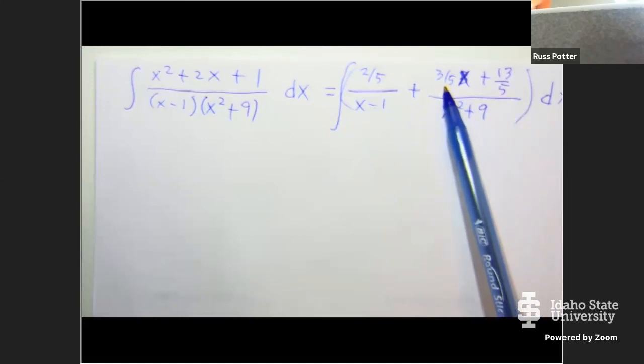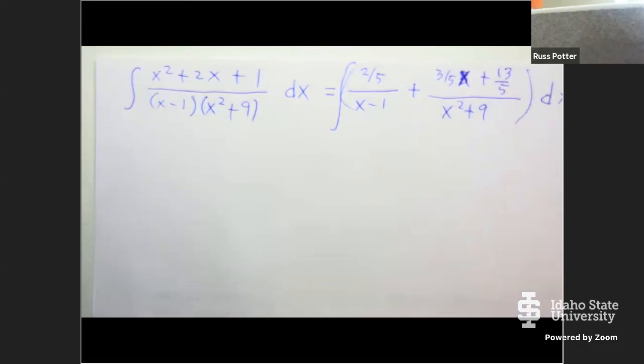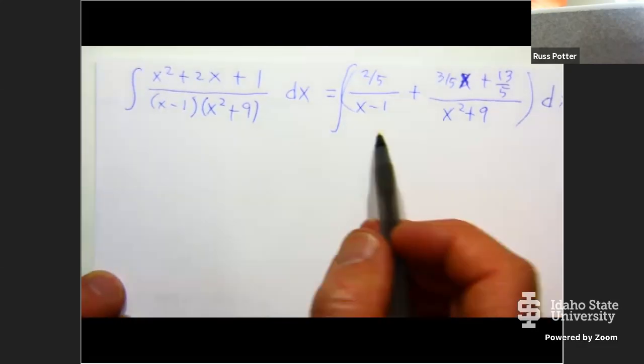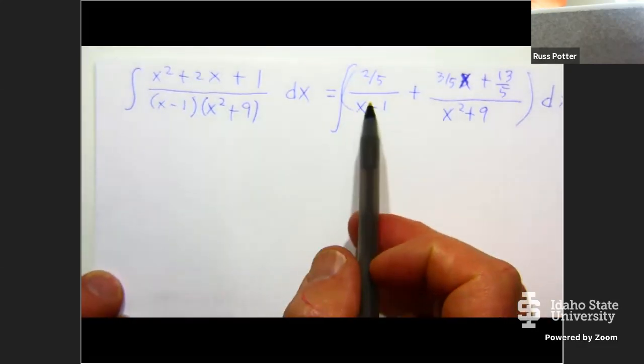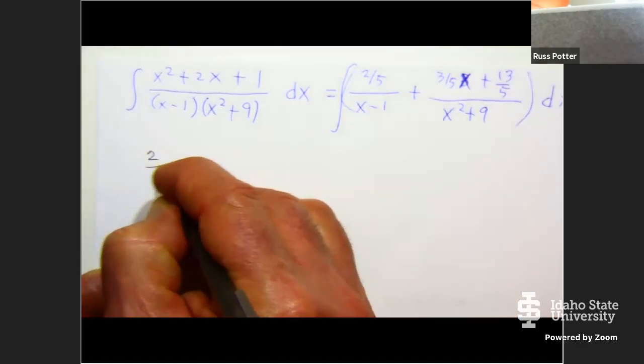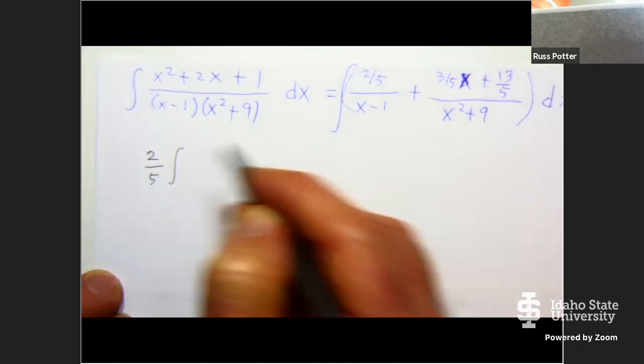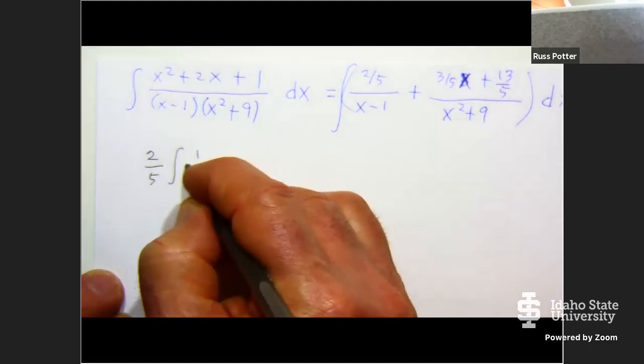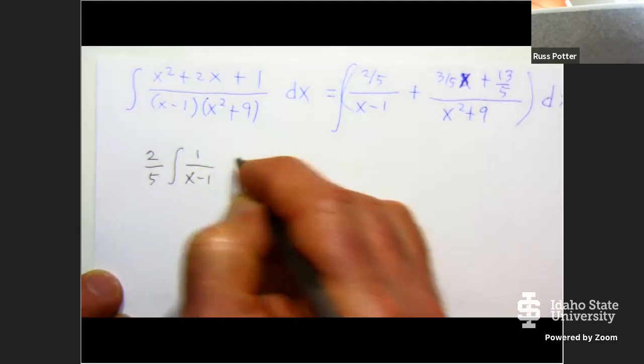So b is 3/5 and c is 13/5. So we'll look at this individually. We can write the indefinite integral of 2/5 over x minus 1 as 2/5 times the indefinite integral of 1 over x minus 1 dx.